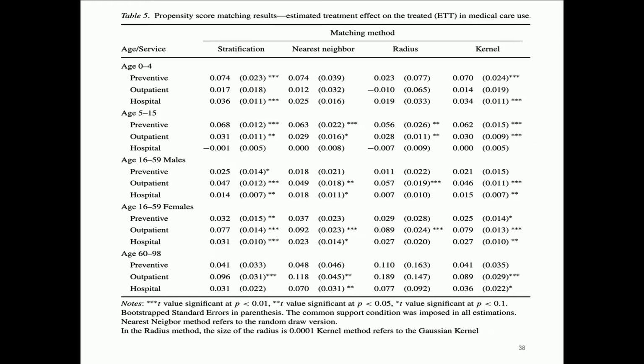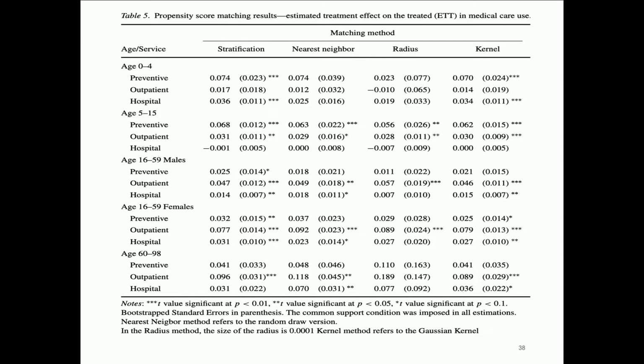So if they just use the nearest neighbor or the radius, in this case, they will conclude that this program has no significant effect on the medical care utilization for children who are between 0 and 4. But you can see if you use other methodologies, so this was a kind of sensitivity analysis. And in fact, in the paper, they have even other methods than the PSM, but I just excluded them because we are not talking about them here, to see the difference.